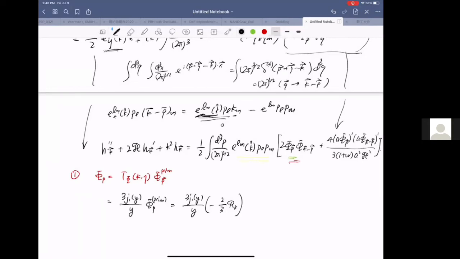I never use that after inflation. So this y is k eta divided by square root of 3, the sound speed in the radiation. This is the first thing we do.